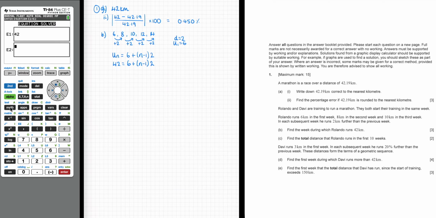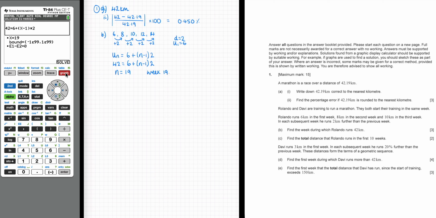When is 42 equal to 6 plus x minus 1 times 2? And if I solve that, I can see that it happens in week 19, in which case n is 19, and we should really write that down as week 19.